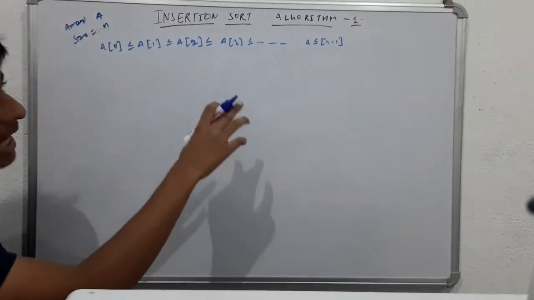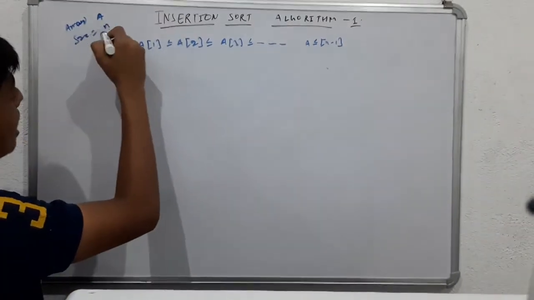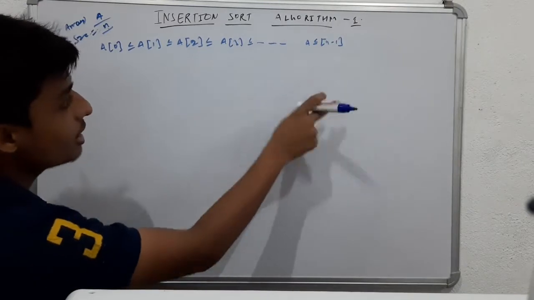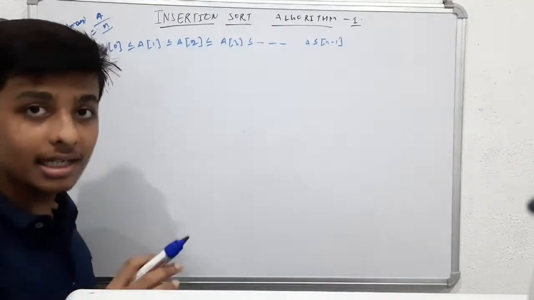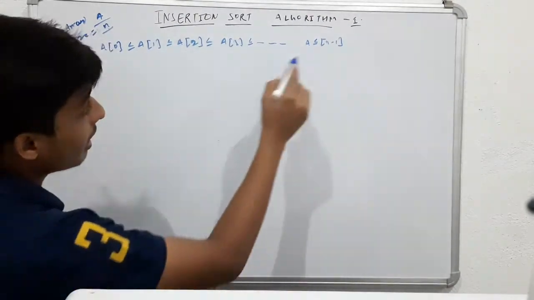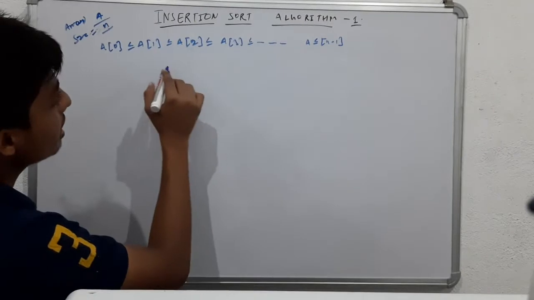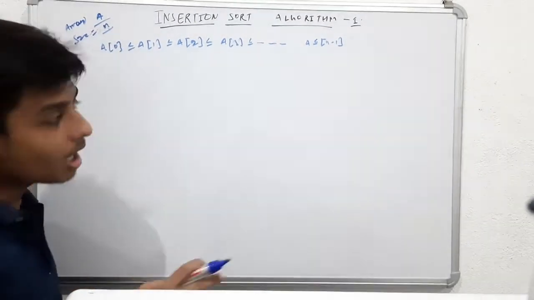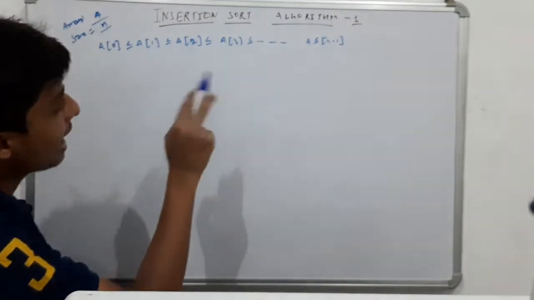Do note that the condition says you have an array of size n whose name is A, and this array is sorted until n minus 1 elements, but there is no condition on the nth element. That means n minus 1 elements are sorted, but due to the last element your whole array has become unsorted.